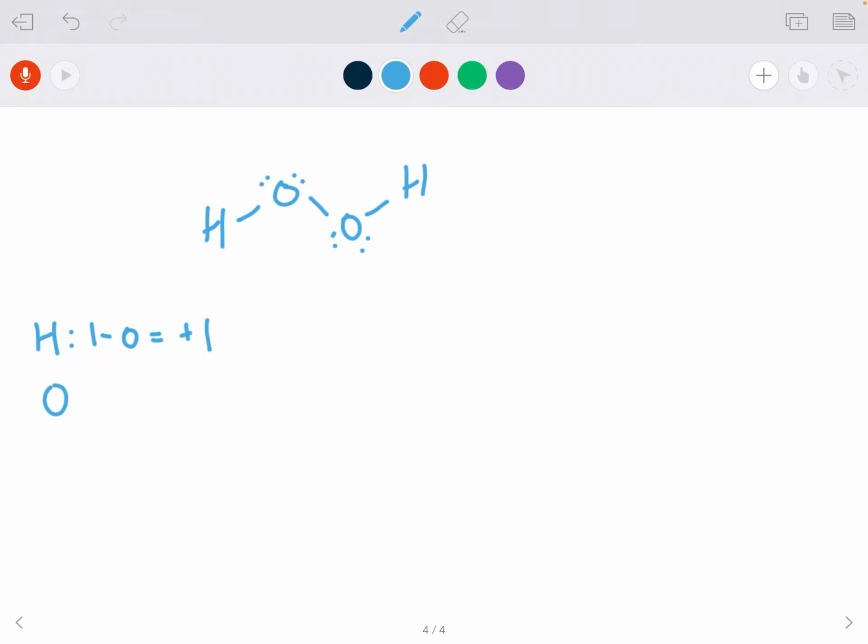The oxygens now. The oxygen has 2 lone pairs plus the 2 electrons from the oxygen-hydrogen bond right there. So that's 6. Then this bond here, it's between 2 oxygen atoms which have identical electronegativities, so each oxygen gets 1 of the 2 electrons in the bond.